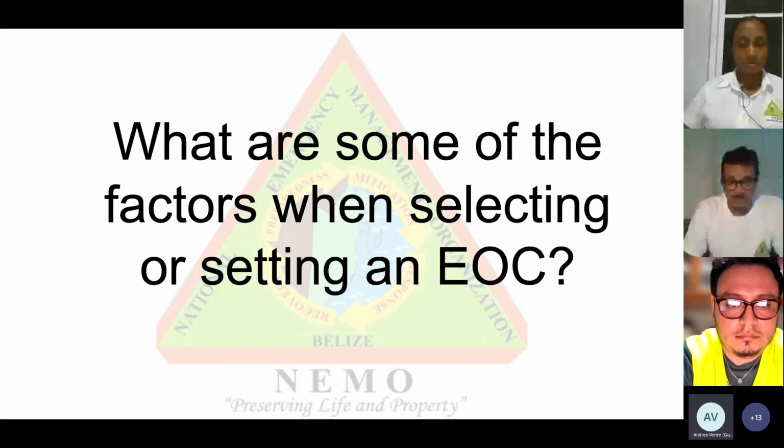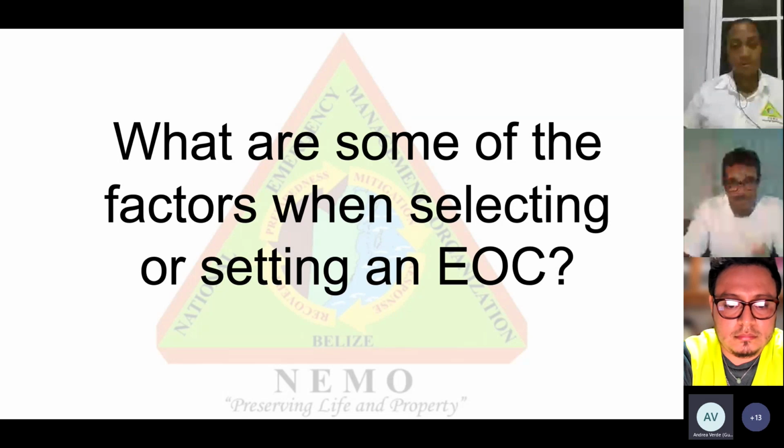And you saw in the video that Ronnie showed an operations room with all the status boards around the room for each committee. You saw a kitchen. I even saw a changing room, I think, right? So it has to be functional.